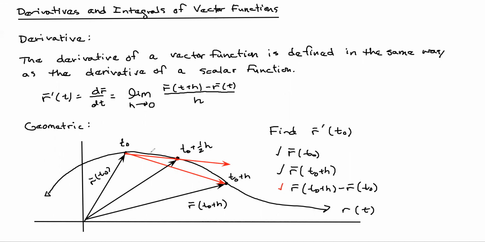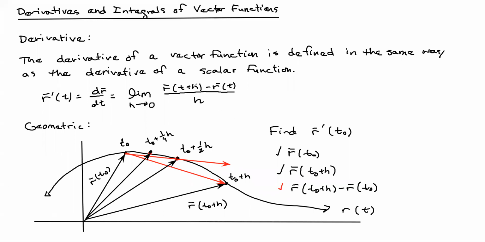What if we make h even smaller? Let's plug in t naught plus 1/4 h. Then we'll end up with this vector when we plug t naught plus 1/4 h into this piece.